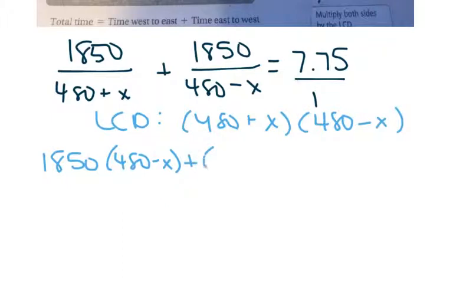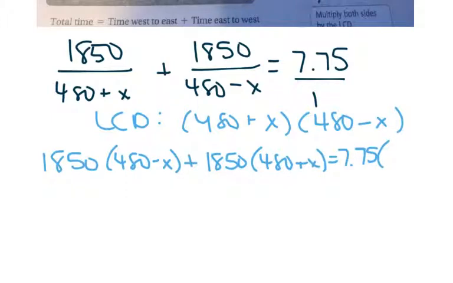The second fraction is missing the 480 plus x. And the third fraction is missing both. Sorry, I ran out of space on the screen, so those all three go together.